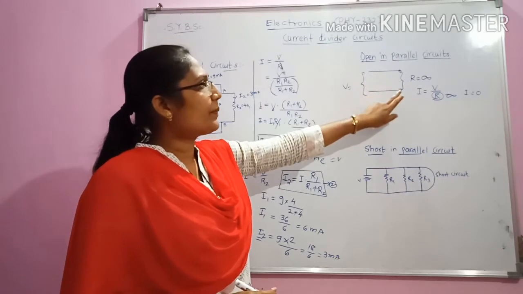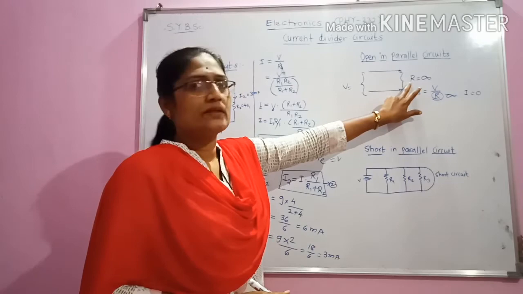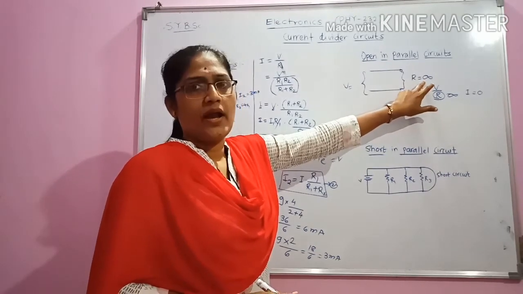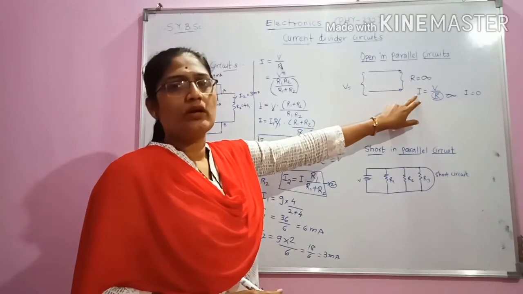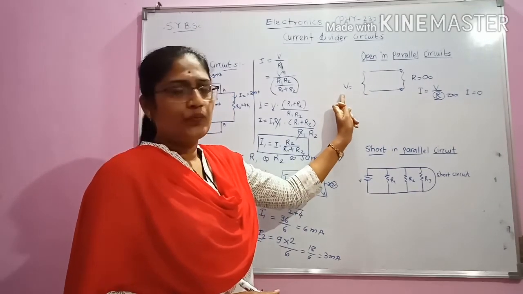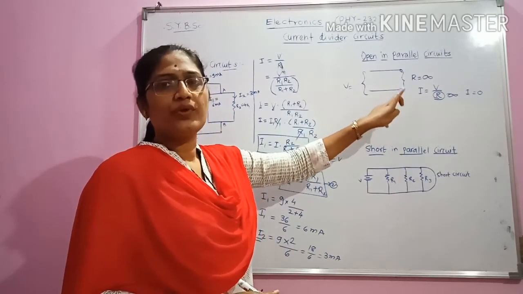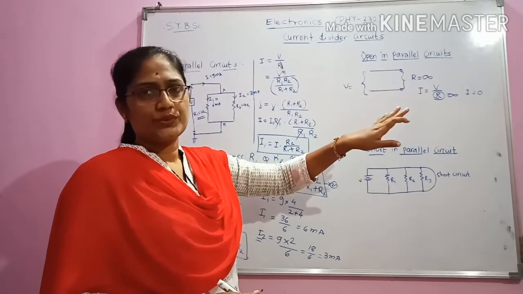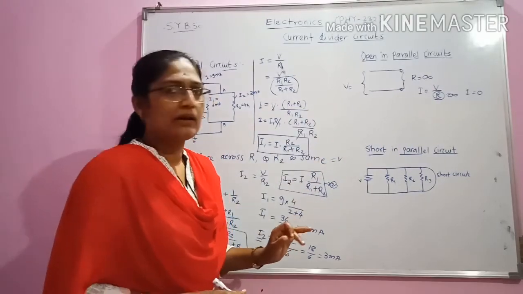When we consider a parallel circuit which is open, then its resistance is infinity. And because of this infinite resistance, its I value becomes 0. And this V we will observe at the open end. Therefore, its value of V is nothing but VOC, the output voltage.